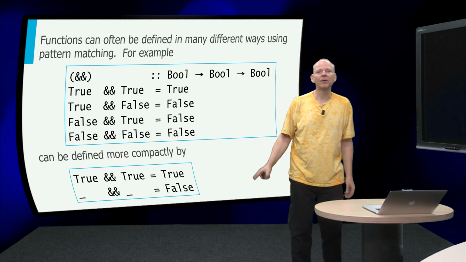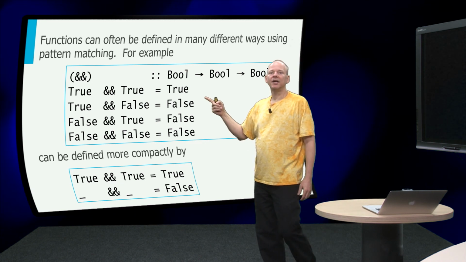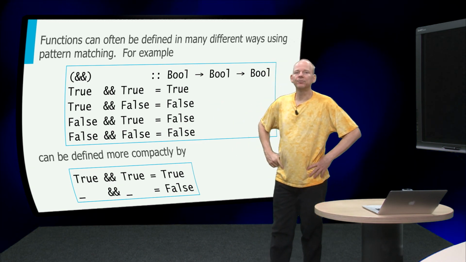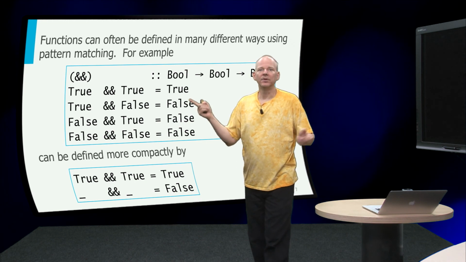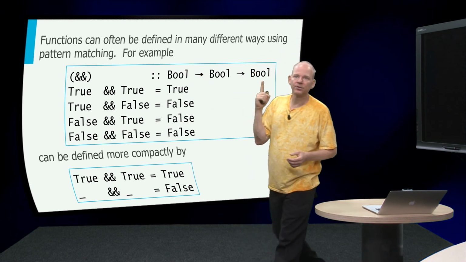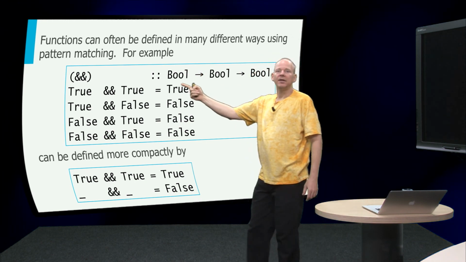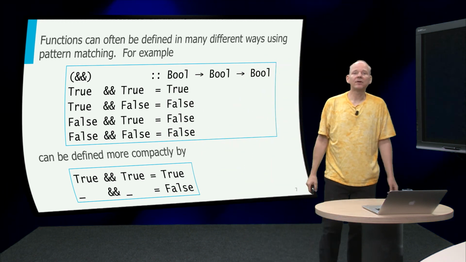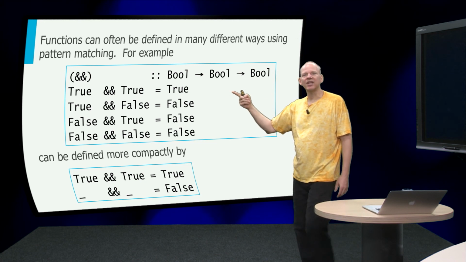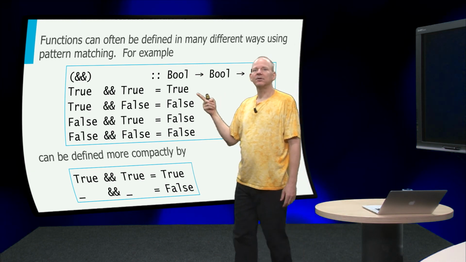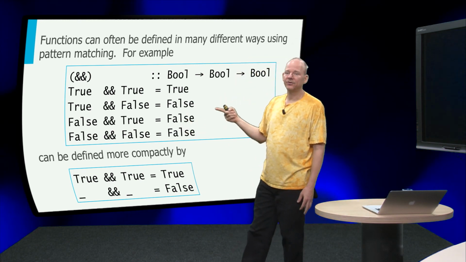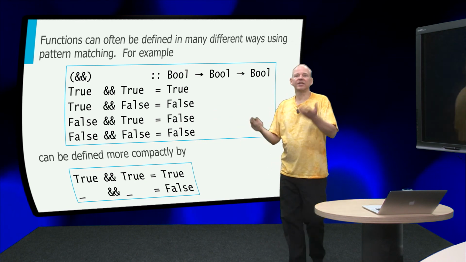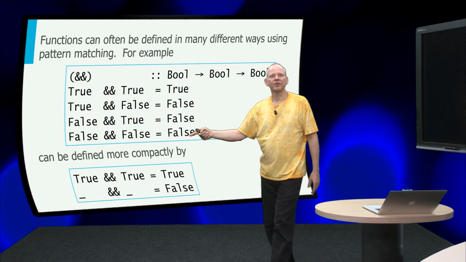Let's look at another example. Say that we want to define AND of two booleans. So it takes a function from bool to bool to bool. And we just write down the truth table for AND. So this is exactly how, if you look up the definition of AND in any book on digital logic, you will see the same truth table here.